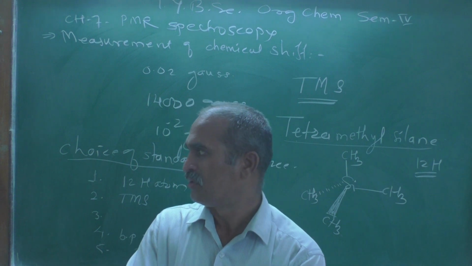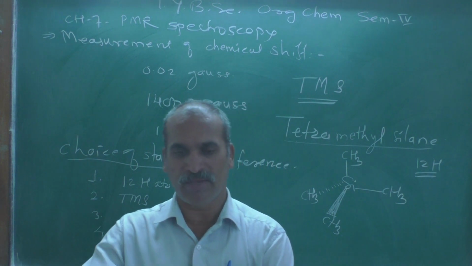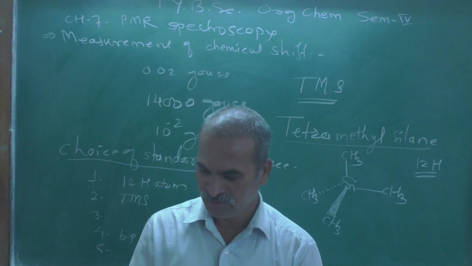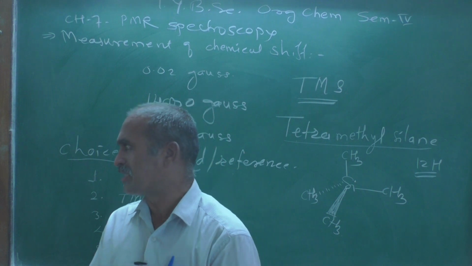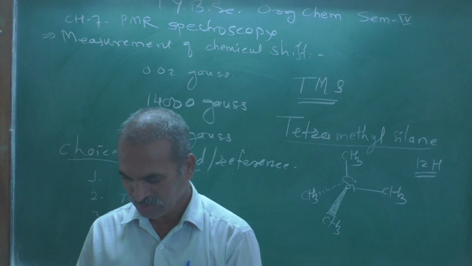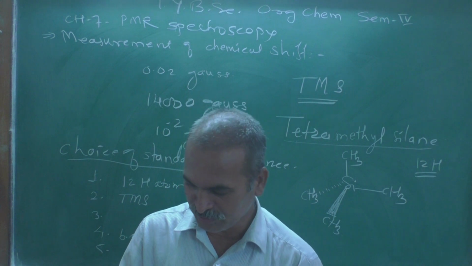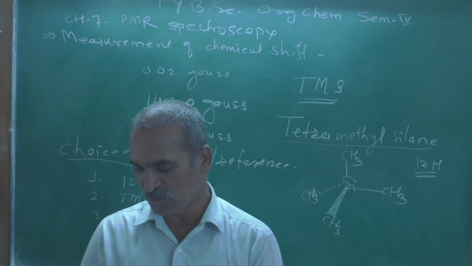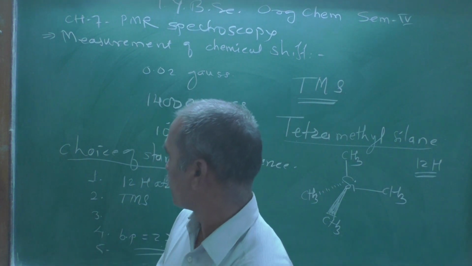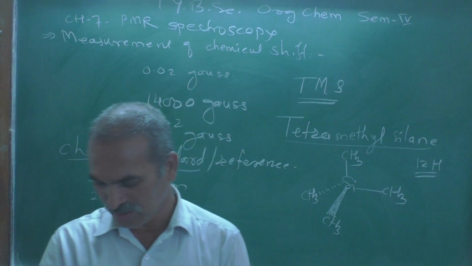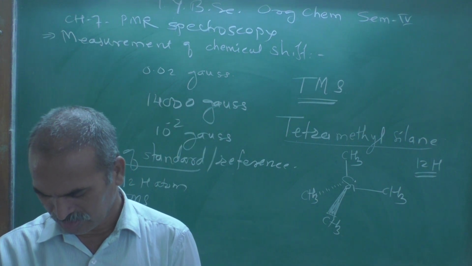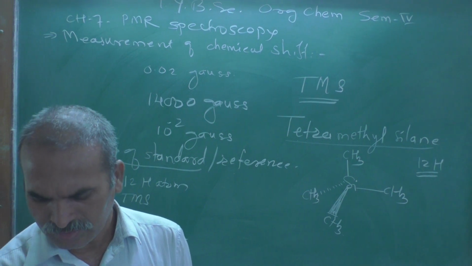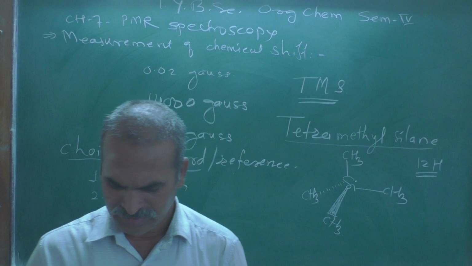and that's why most of the machines available today use this principle to determine the structure of an unknown organic compound. And once you know the structure of the organic compound, it's very easy to predict its physical properties as well as chemical properties. And what do you mean by chemical shift?